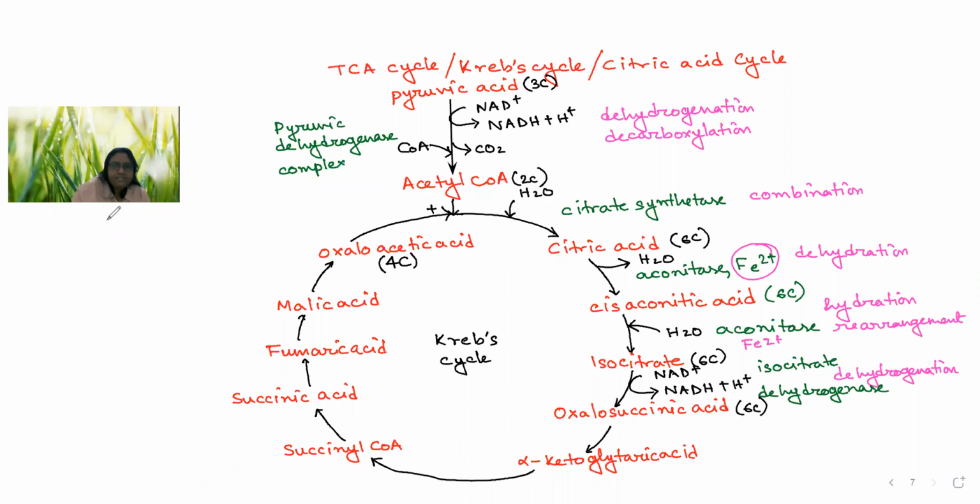So up to this, we added hydrogen, water, removed hydrogen. Now is the turn of carbon dioxide. So here one CO2 is removed. So if oxalosuccinic acid is a 6-carbon acid, alpha ketoglutaric acid will be a 5-carbon acid. Okay.